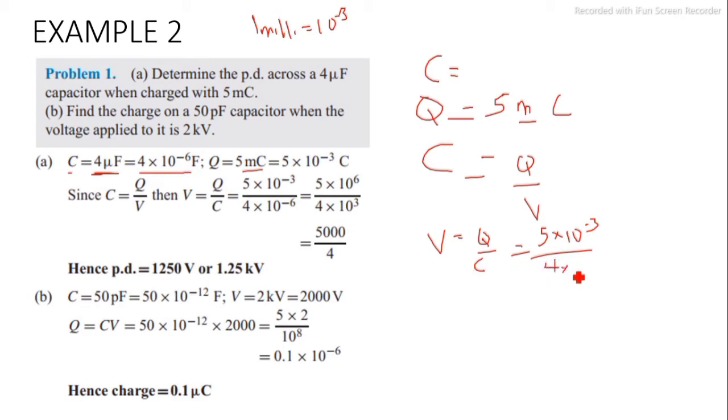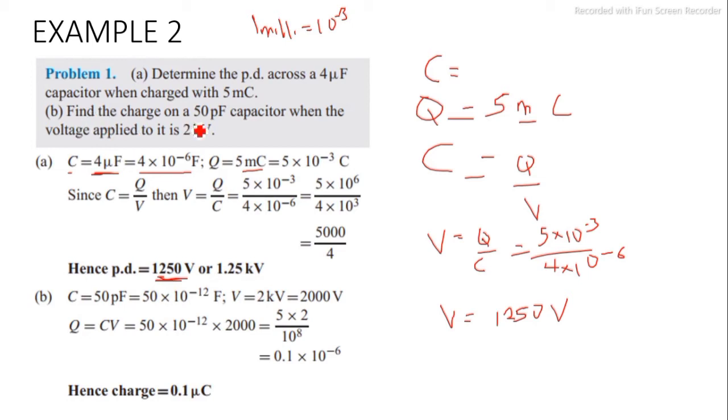If we calculate this, the voltage is 1250 volts. That's the potential difference on the capacitor, or if you convert it to kilovolts, that's 1.25 kilovolts.